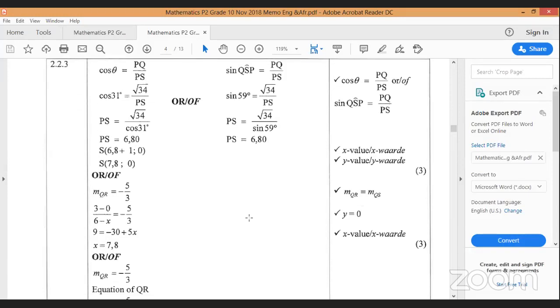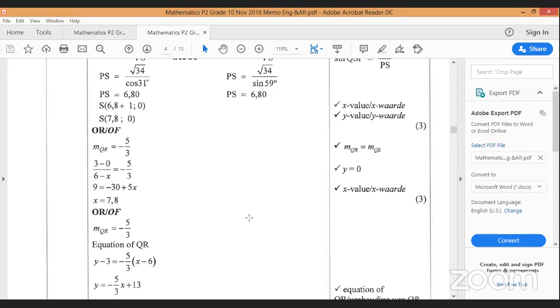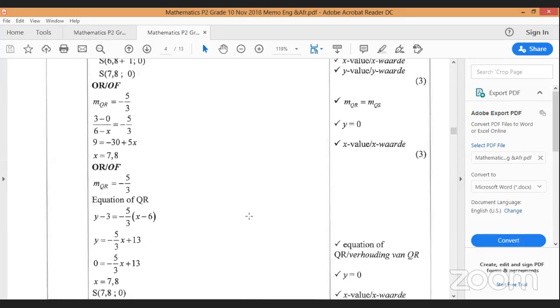However, I love this method here. You just need to find the gradient of QR, which is negative 5/3.